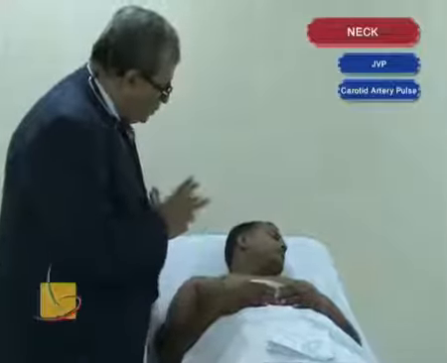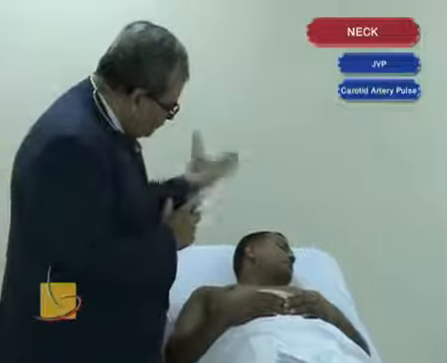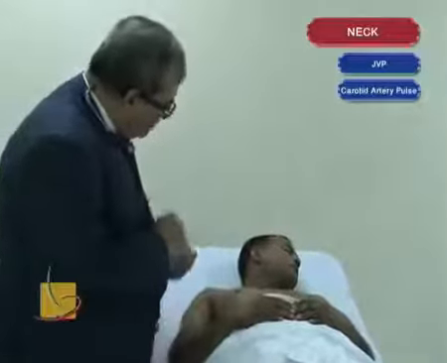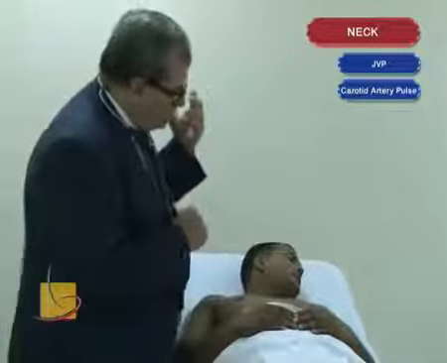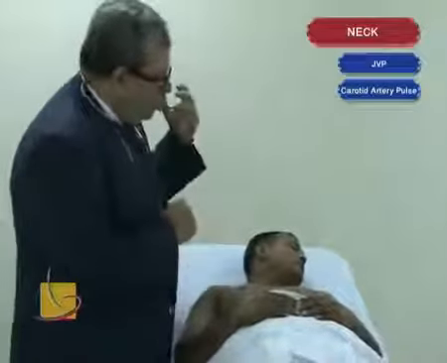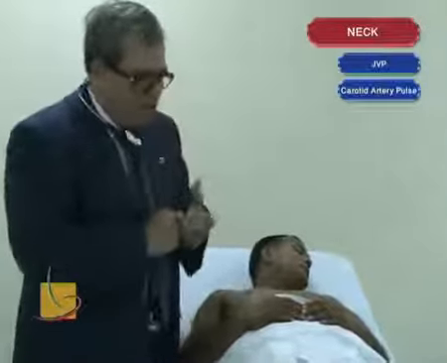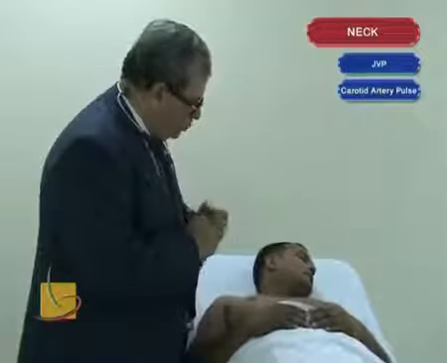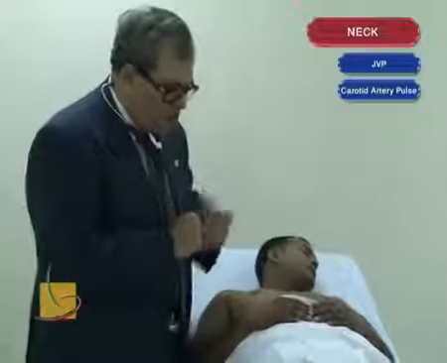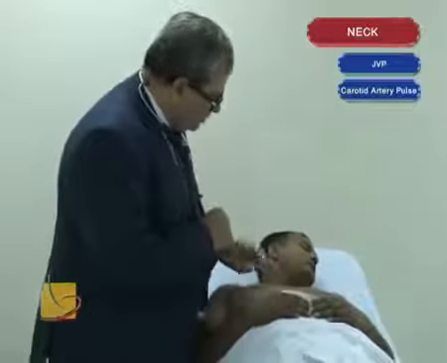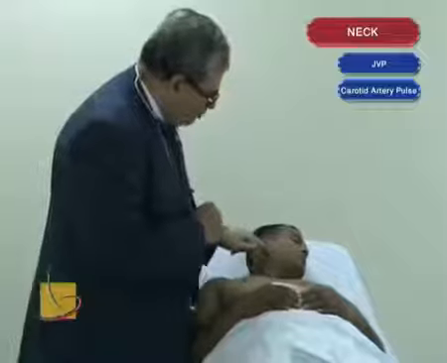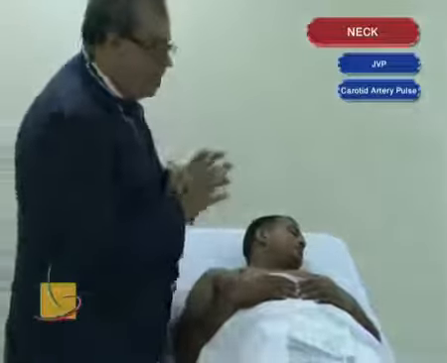If there is suprasternal notch pulsation and vigorous carotid artery pulsation, this means that this patient has hyperdynamic circulation, severe atherosclerosis, or aortic regurgitation, which will be associated with hyperkinetic circulation with high stroke volume, giving vigorous pulsation in the suprasternal notch and medial to the sternocleidomastoid muscle.